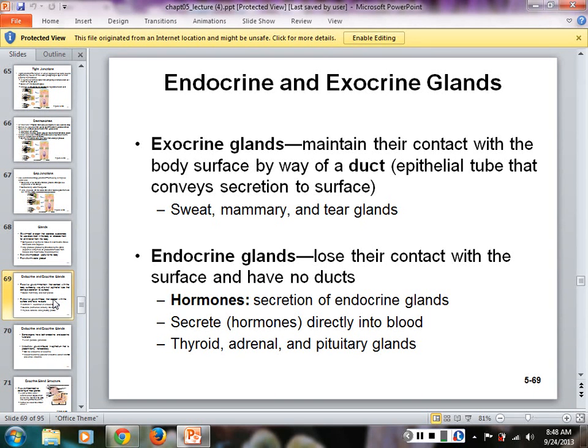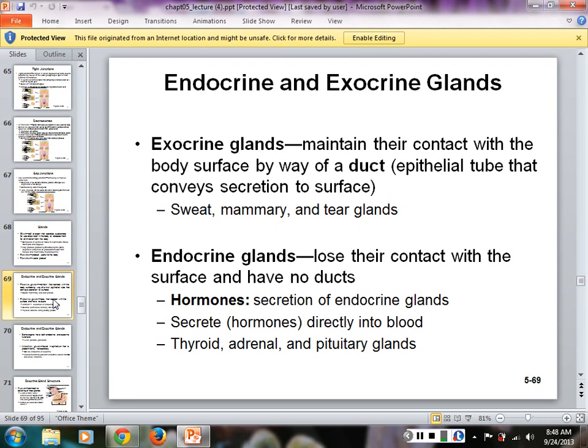If you don't pay attention to this stuff right here, forget about it. Okay? So exocrine glands, guys, they do have a duct. It's a tube. Now the endocrine glands, they don't have a duct. If you look at your textbook on page 169, those little gold structures that you see look like a little tube.